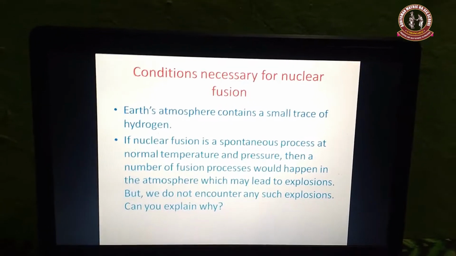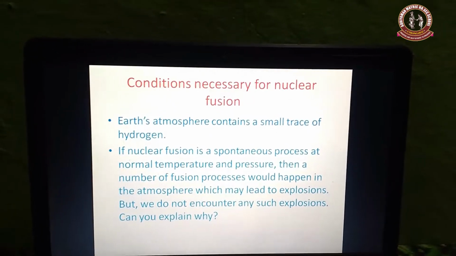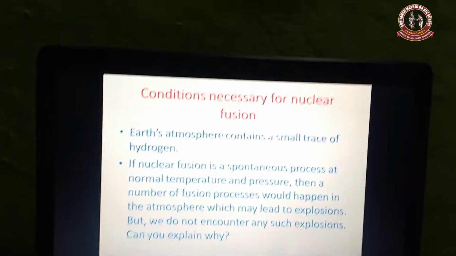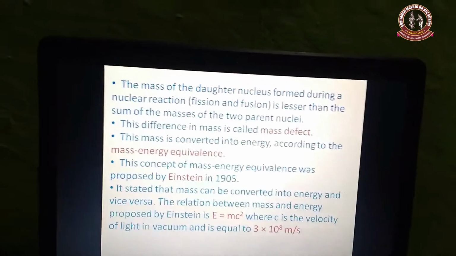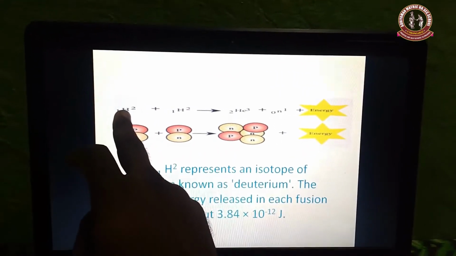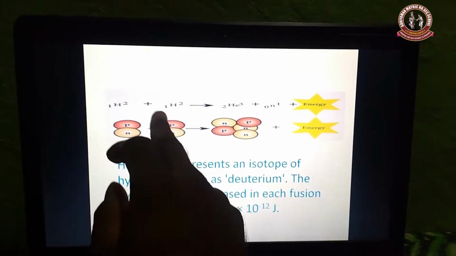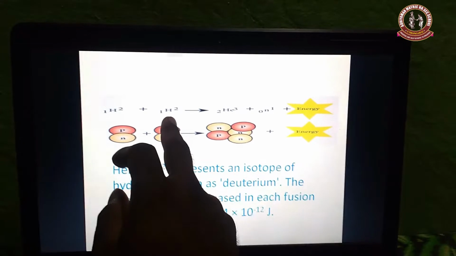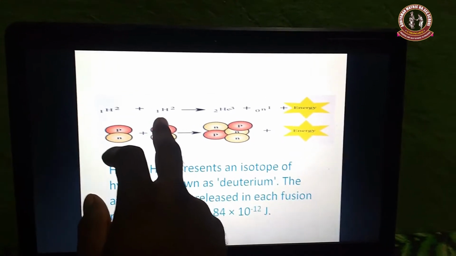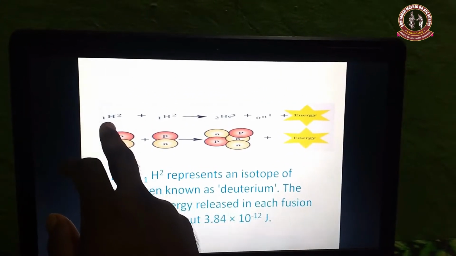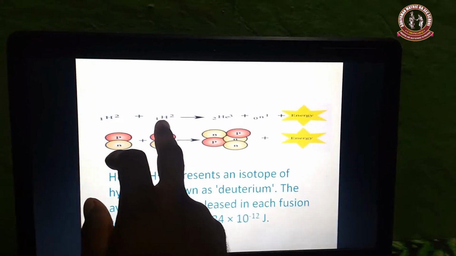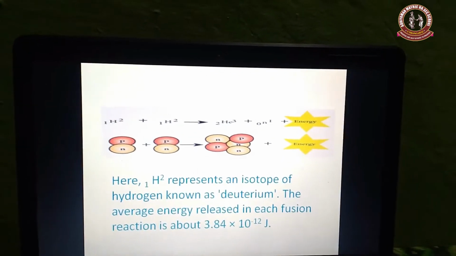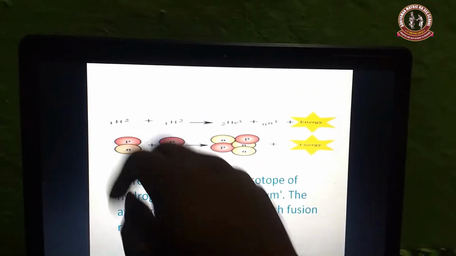So why does nuclear fusion happen only under certain conditions? Because 1H2 is one nucleus and this is also a nucleus, and both have positive charges. We know positive charges always repel each other. This nucleus is repelled by that nucleus. How can you join these two nuclei? How do we overcome the repulsive force?